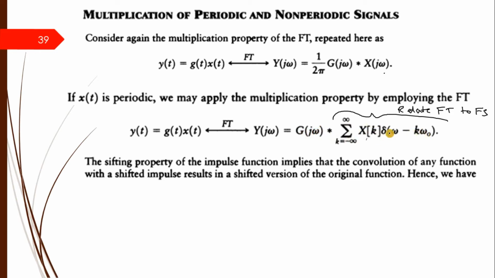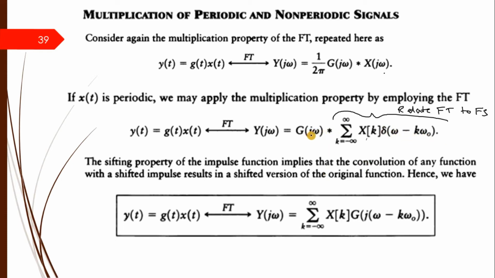This delta function gives a non-zero value only when omega is equal to k omega naught. So that's why I substitute omega equal to k omega naught throughout.